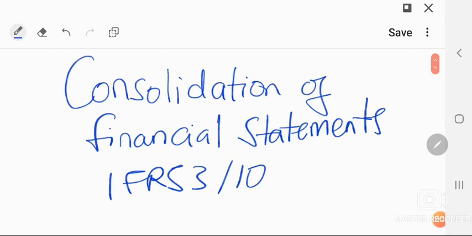Well, let us explain just a bit before we actually look at an example, because it is those rules defined by the standard that will help us answer any question on consolidation. According to IFRS 10, when you're consolidating, the parent company must have control over the subsidiary.